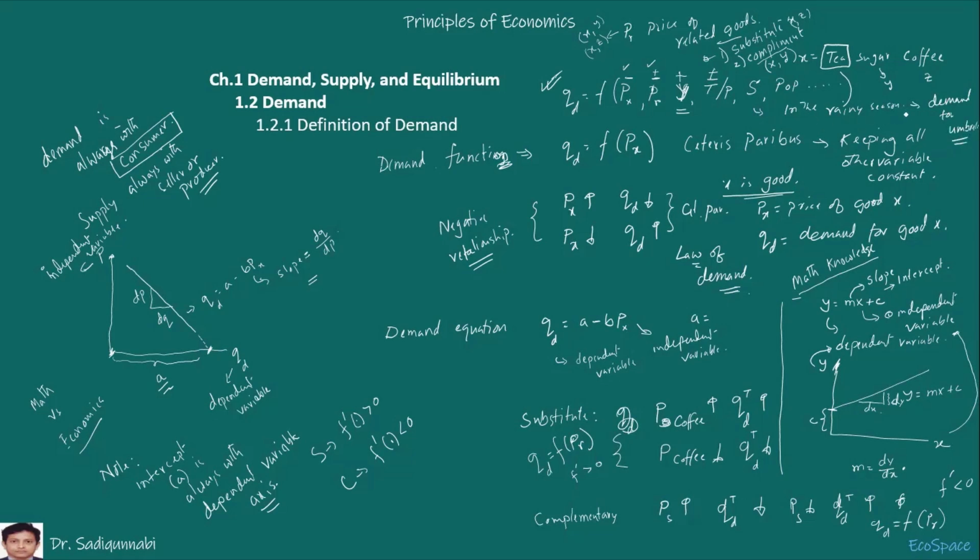What about the demand for ice cream in the winter season? Decrease. Demand for ice cream in the summer season? Increase. So that's why we can put plus and minus signs over S, depending on the season. So in one season demand for umbrellas increases, but in another season demand for umbrellas may decrease.